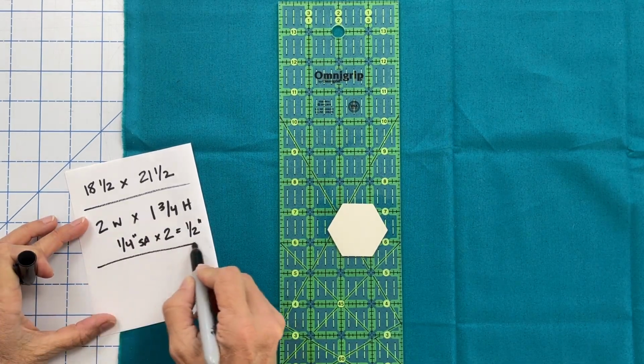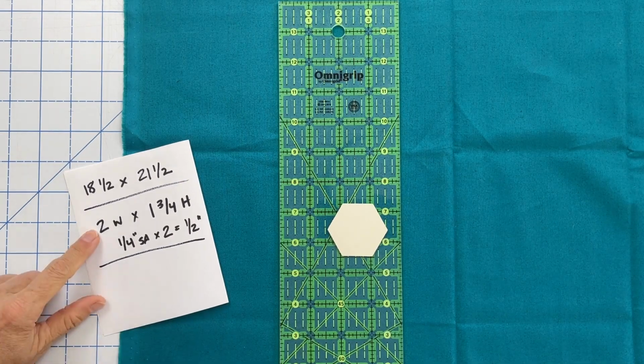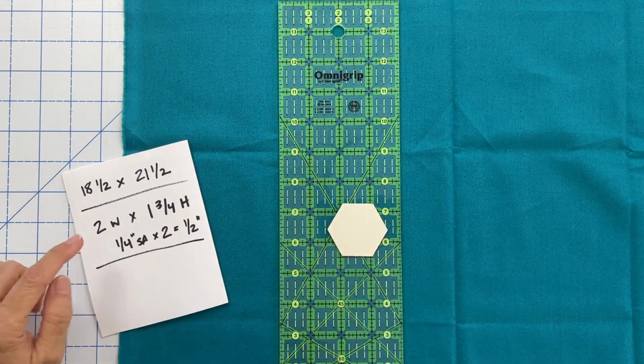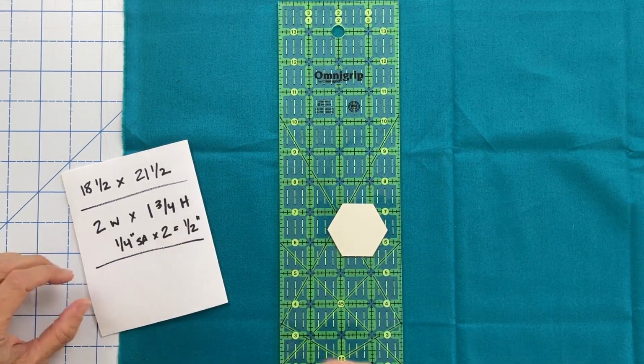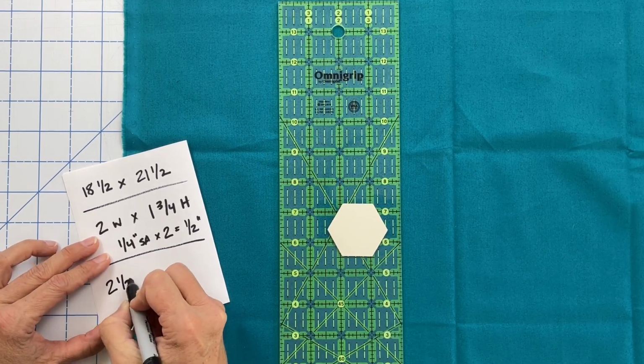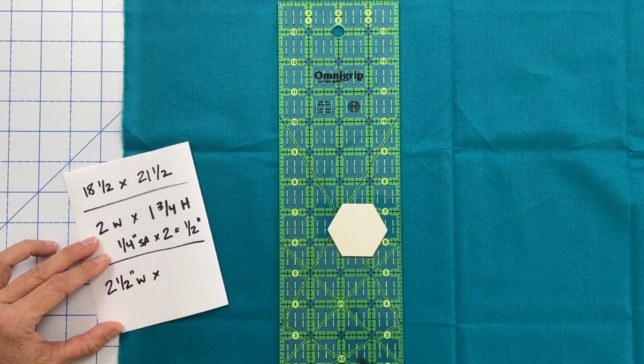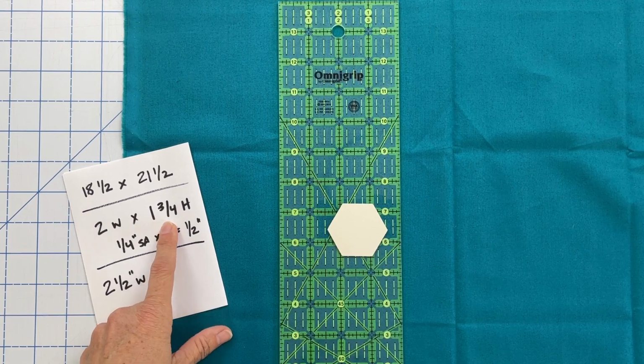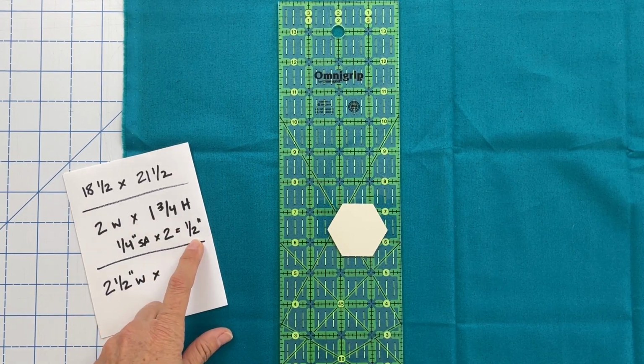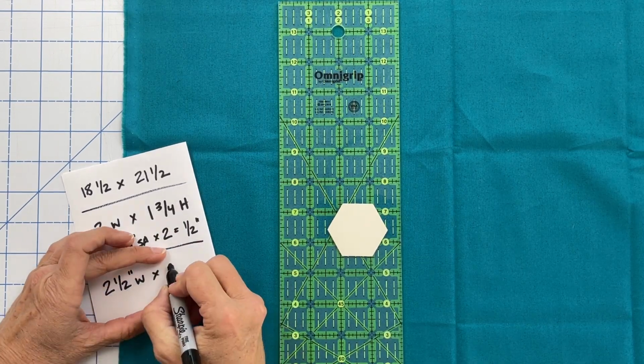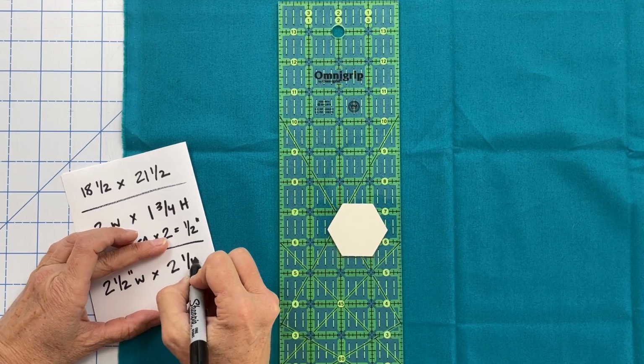So coming down, we've got 2, that was our width. 2 inches wide plus 1/2 inch brings us to 2.5 inches wide. And 1 3/4 plus 1/2 inch is going to make it 2 1/4.